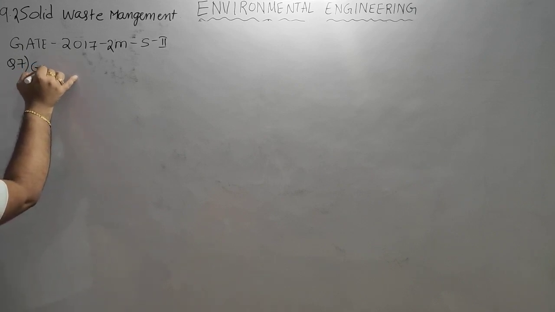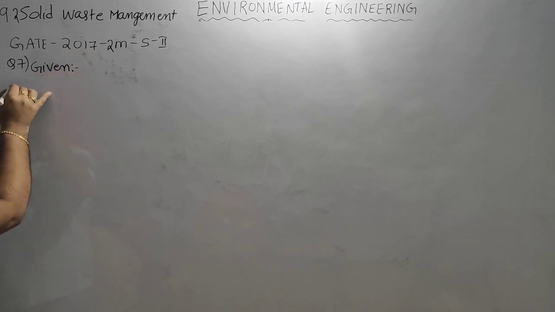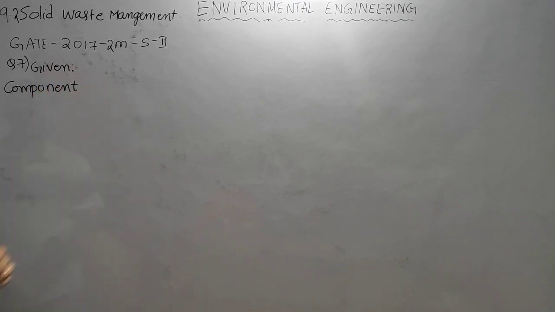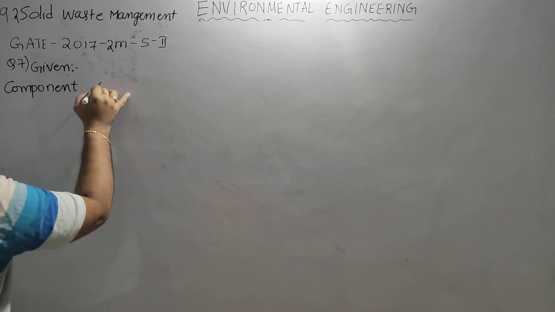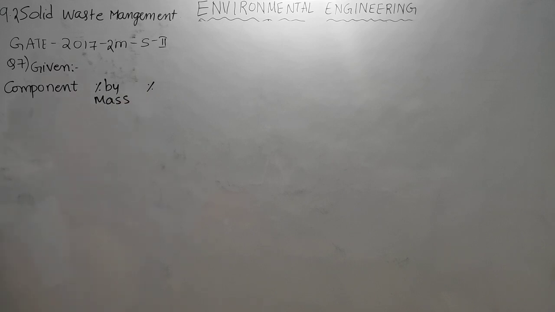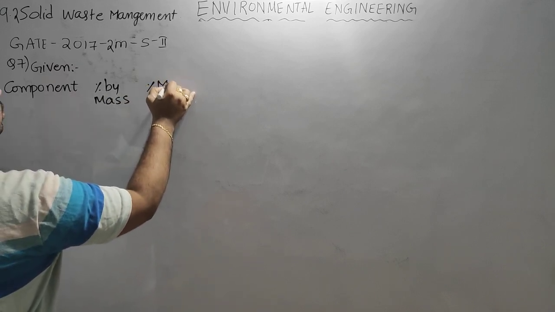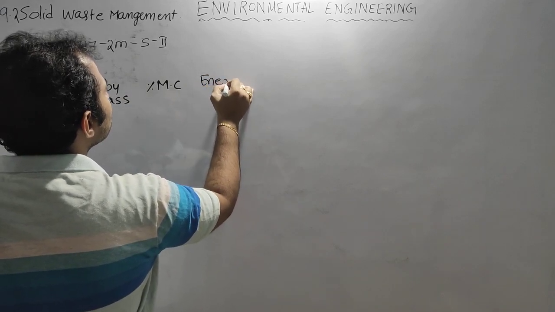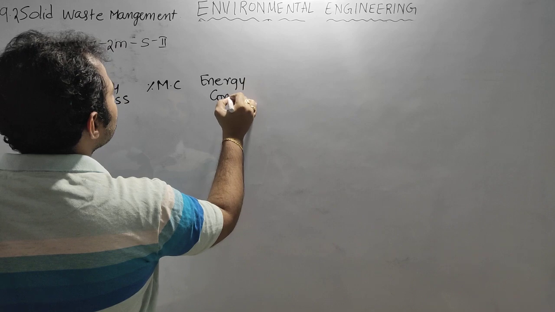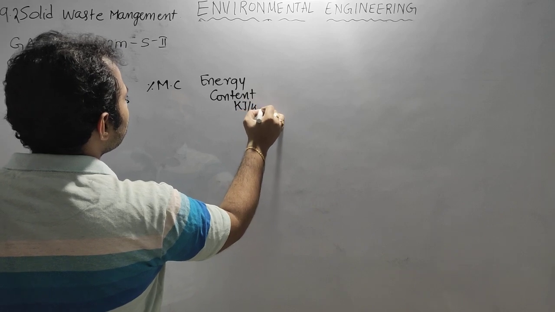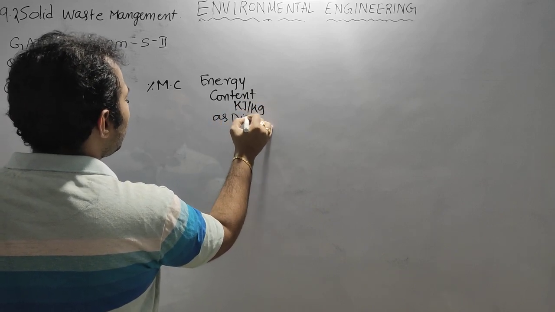So what is the given data? Component, percentage by mass, percentage moisture, and energy content in kilojoule per kg, as discarded.